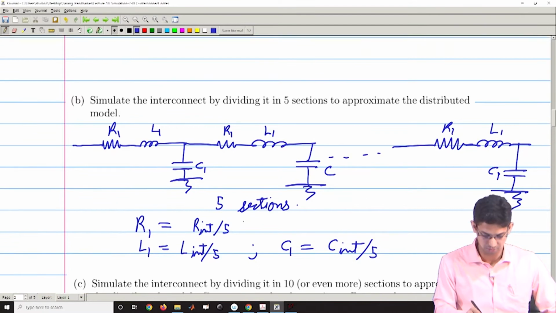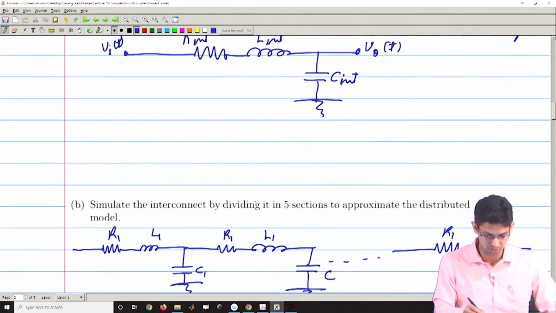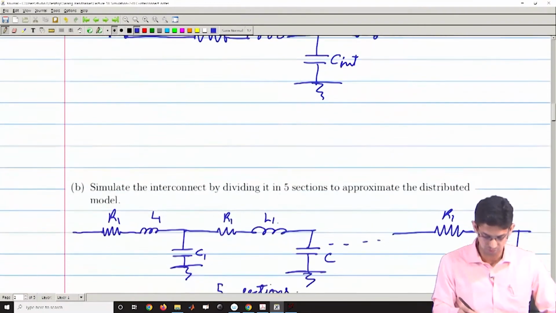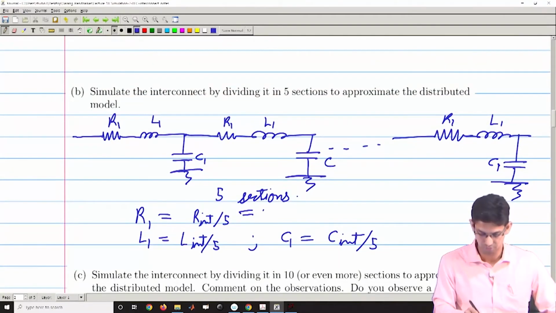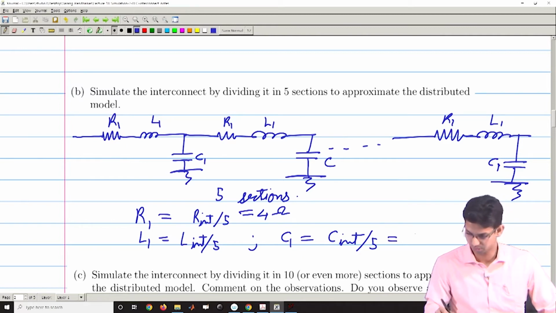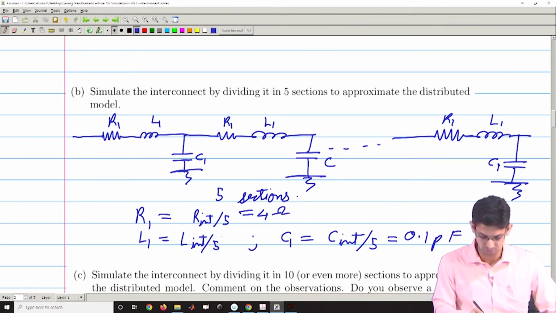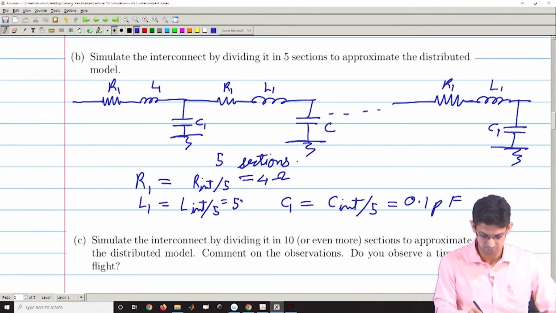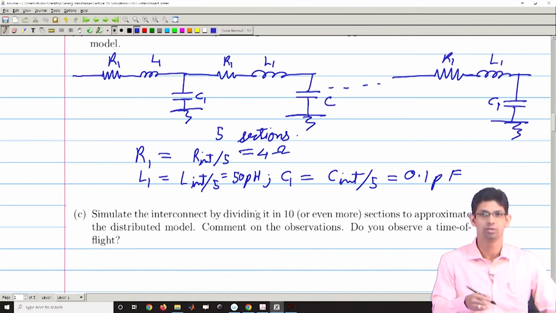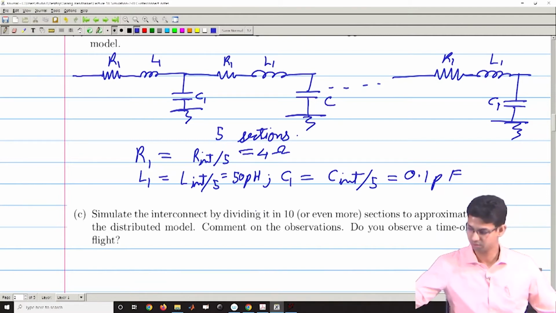So, if I use those values, earlier this was like 20, so now I would have 4 ohm, then this would be my 0.1 picofarad, and this should be my 50 picohenry. Right. So, now let us make a circuit out of this.